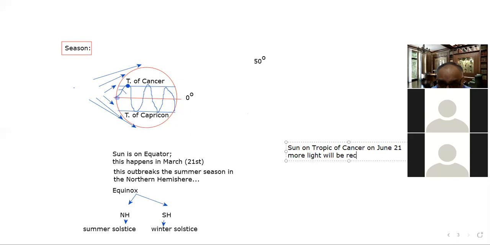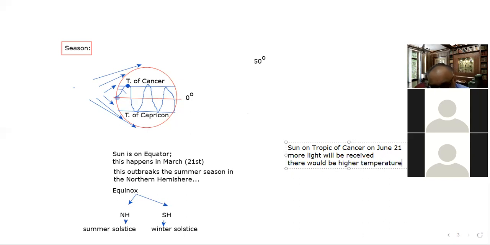So more light will be received. This is the one point. If more light is received, there would be more heating, so there will be higher temperature, more warmth, in this zone.